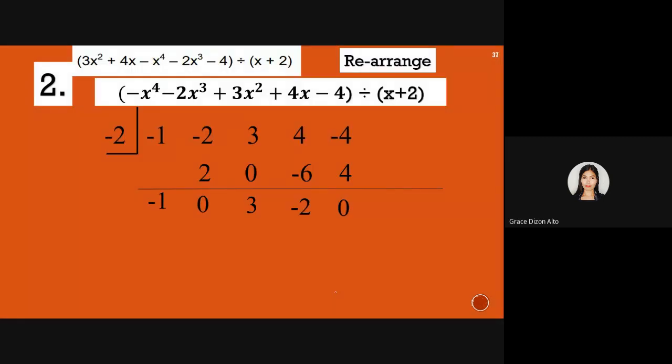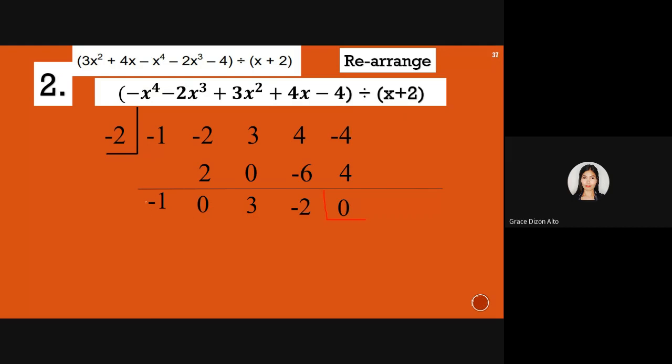Number 2, first step is we have to rearrange first since it is scrambled. So the first term will be negative x to the 4th, minus 2x cubed plus 3x squared plus 4x minus 4 divided by x plus 2. And then we will be proceeding with our process and we get 0 as our remainder.